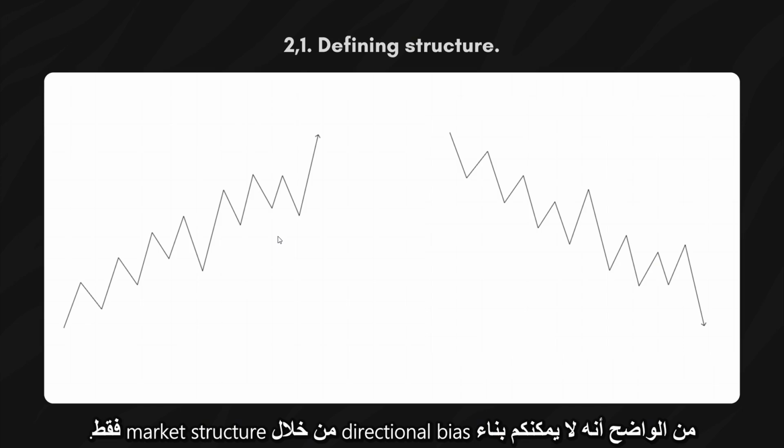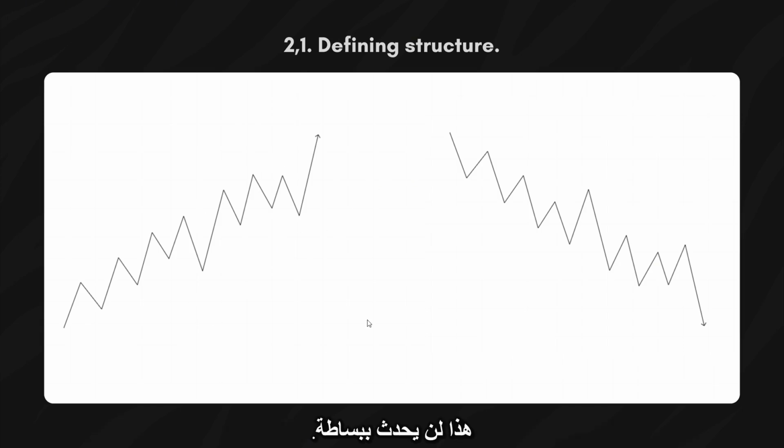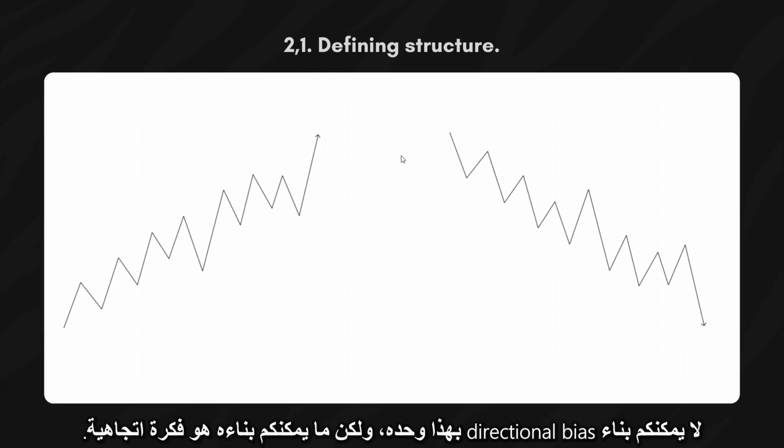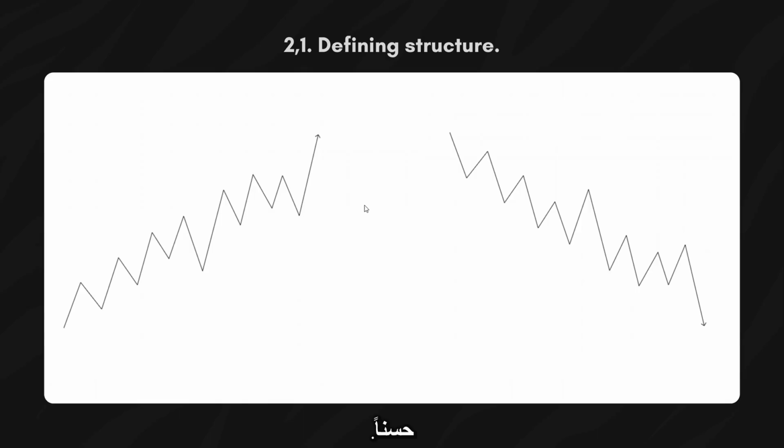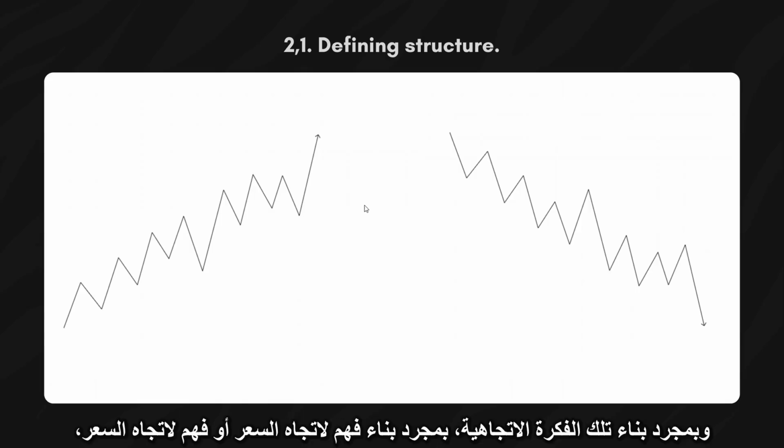Obviously, you can't just build a directional bias through market structure, right? That's not just going to happen. That's not possible. You can't build a directional bias with this right here. But what you can build is a directional idea, not a bias, but a directional idea.